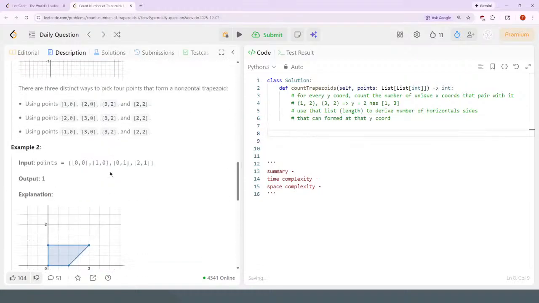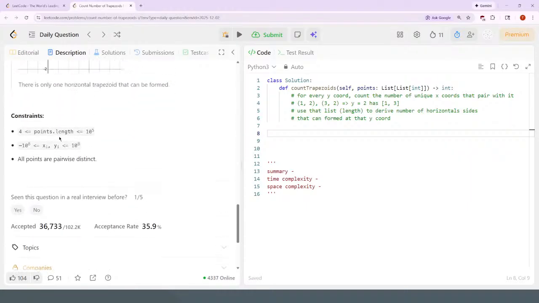Here the range of the y coordinates is up to 10 to the 5th. I guess I'll probably use the default dictionary. No, actually, that's the length of the number of points. So yeah, I think I use a default dictionary here.